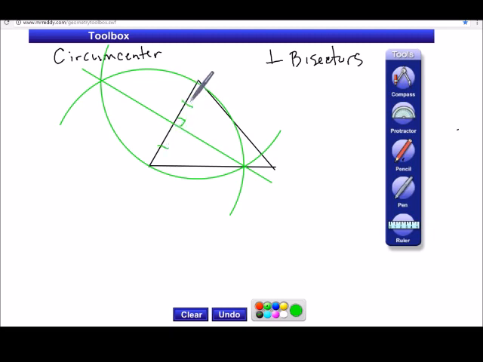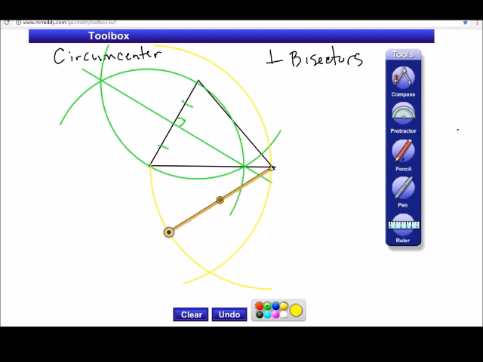And I'm going to repeat that process with the next side, and I simply draw the arcs of the circle that are going to contain the line that bisects that side. Oh, set my compass here.